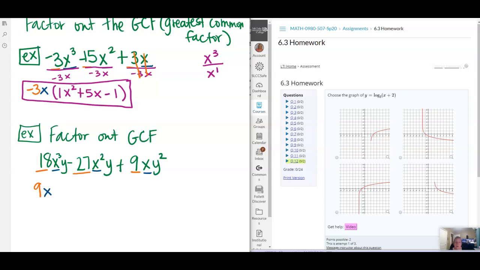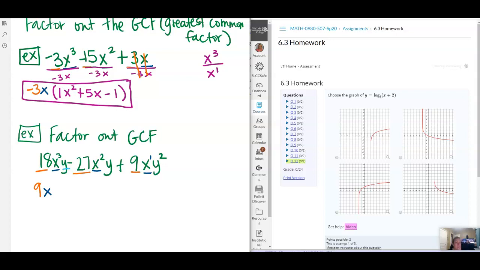Right? And so one way that some students think about it is they always pick the smallest exponent, right? So if you're looking at x to the third, x to the second, x, this has the least amount, so that is going to be my greatest common factor. That's the largest thing that can go into all of them, right?